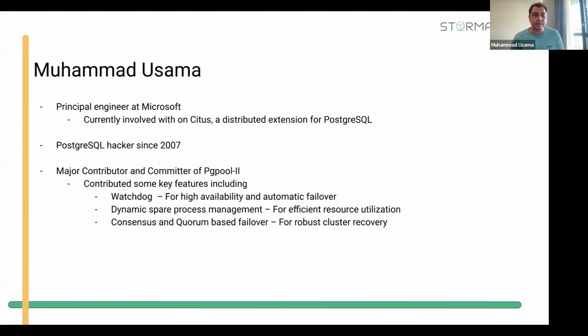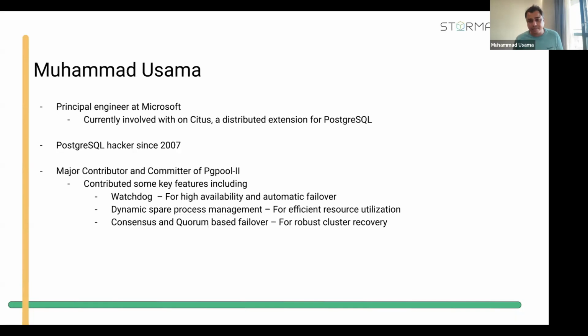I'm working for Microsoft as a principal engineer, and we are currently working on Citus. That's another distributed extension for Postgres, and it's open source. Some of you might have already tried it, or you can try it; it's open source and out there. Before that, I've worked in multiple companies, mostly related to Postgres. I started hacking on Postgres back in 2007. That is when Enterprise DB, a very popular Postgres company, was founded, and I was among the first few people who joined Enterprise DB.